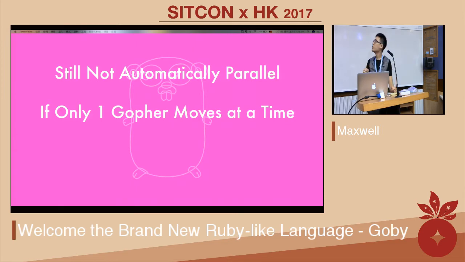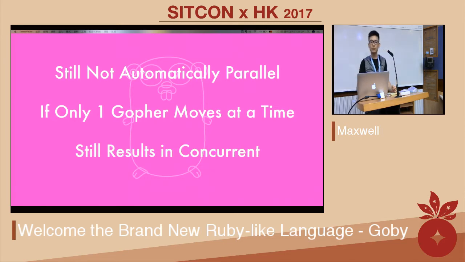If only one gopher moves at a time, where the first gopher does the laundry first, then we switch to the second gopher, then the result is still concurrent rather than parallel. But another idea comes from this.